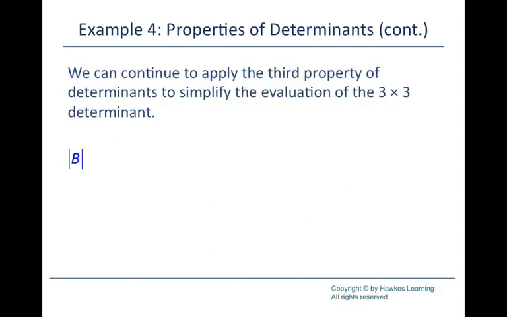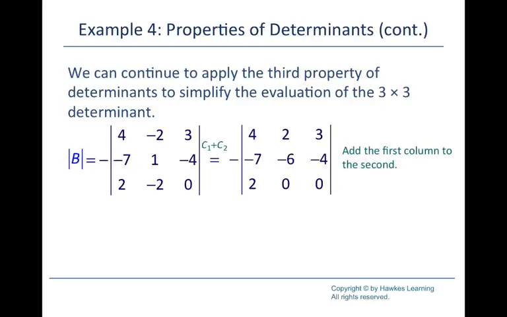Okay, so we're going to go through then, and we're going to swap column 1 and column 2. Now we're going to add column 1 plus column 2. Add the first column to the second column, and replace the second column.